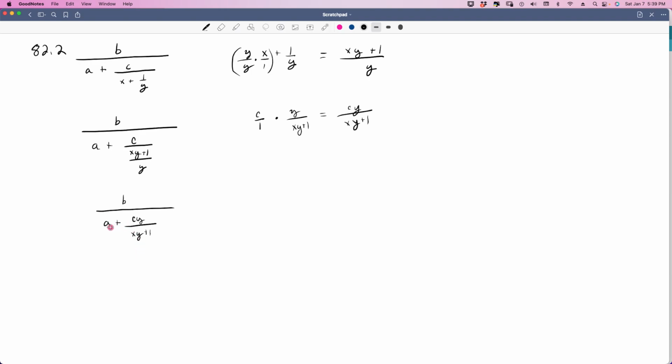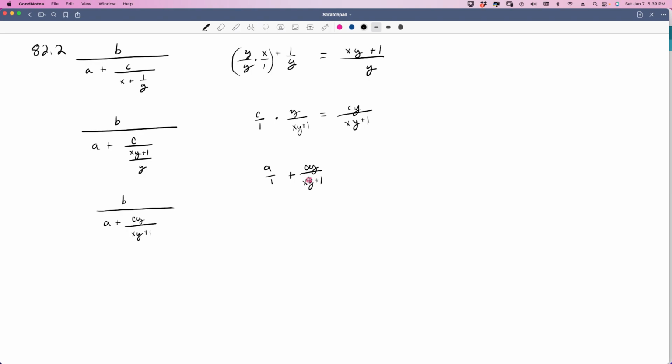Again, I have an operation with a fraction in my denominator, so I have to turn this into a simplified form. So a over 1 plus cy over xy plus 1.